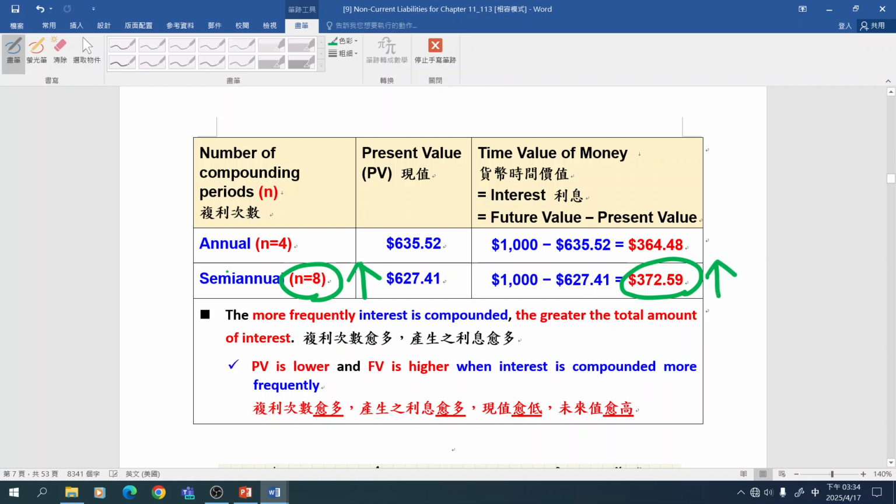So compounding more times, you will get more interest. 复利次数越多，赚到的利息就会越多。Any questions? No problem? Okay.